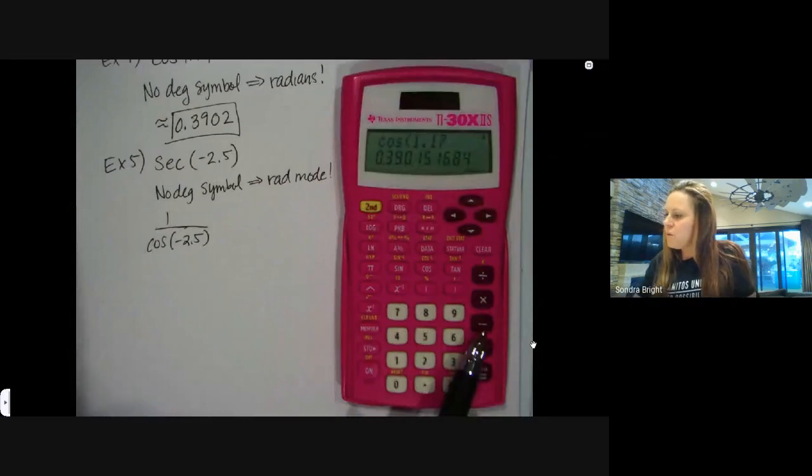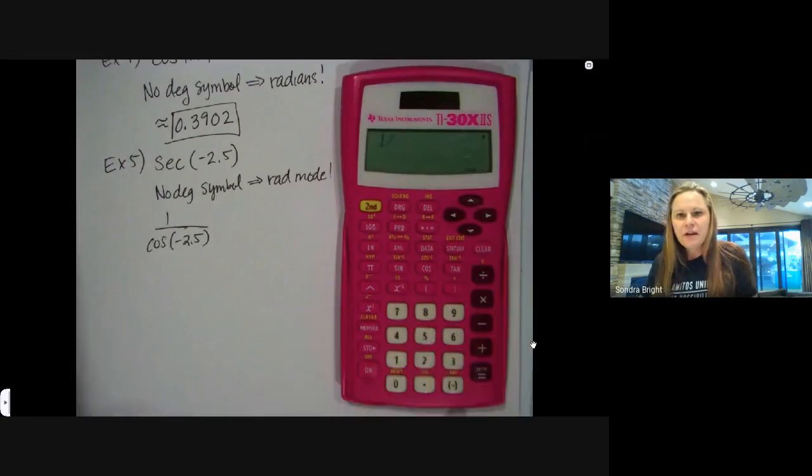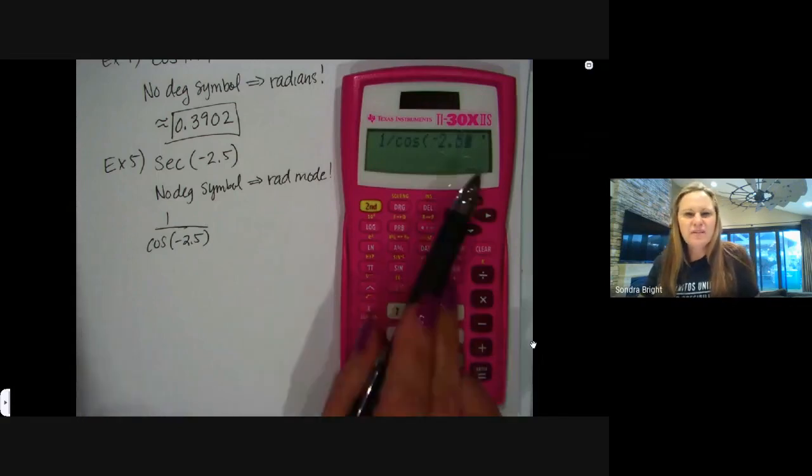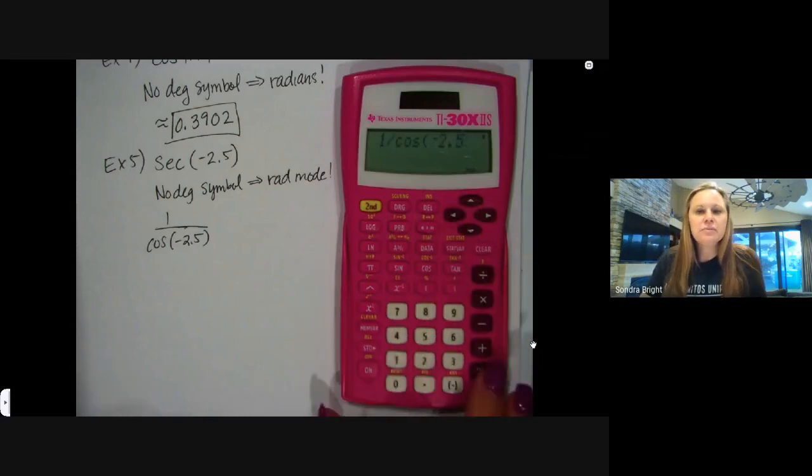All right, so we'll do 1 divided by cosine of negative 2.5. I'm still in radian mode. Calculator doesn't care if you end that last parenthesis, so I never do because I don't need to. They'll give you the same answer if you close the parenthesis or you don't.